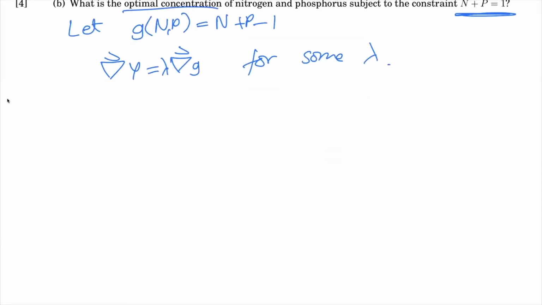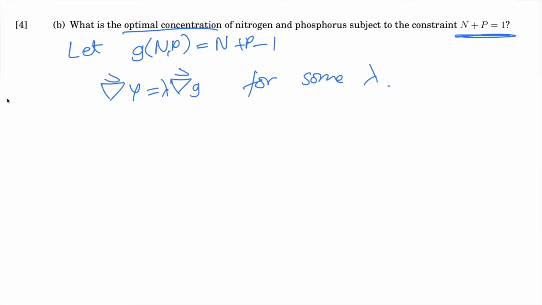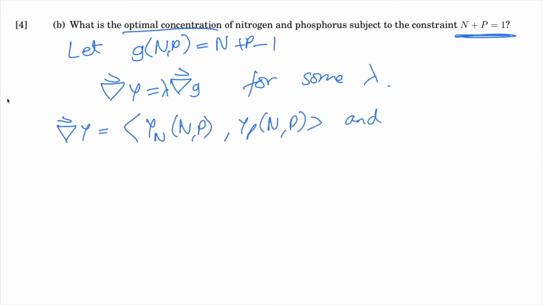I should really write out exactly what I'm doing here, but as I'm describing it in words, I won't. This is in the full solutions though. So what is our grad y? Our grad y is equal to our vector of partials. And what is our gradient of g? That's just equal to 1, 1.